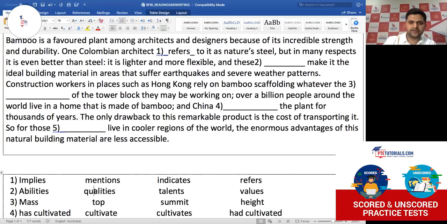So this is the only word that would create the meaning here, because if it would have been about an individual person's abilities, or talents in a particular field, then maybe we could have used the word abilities or talents, or if it would have been about values. But being lighter and being more flexible are actually qualities. So the word these here tells us that we are talking about being flexible and being lighter. So because of that, the answer would be qualities.